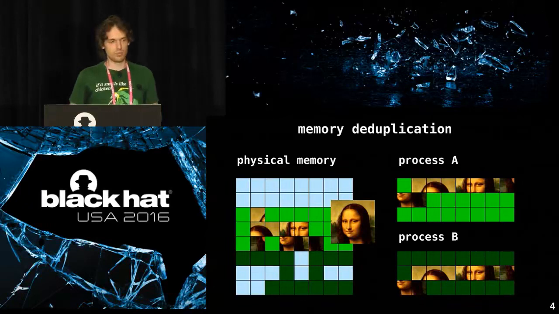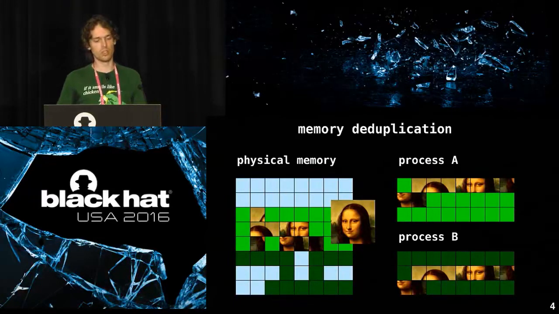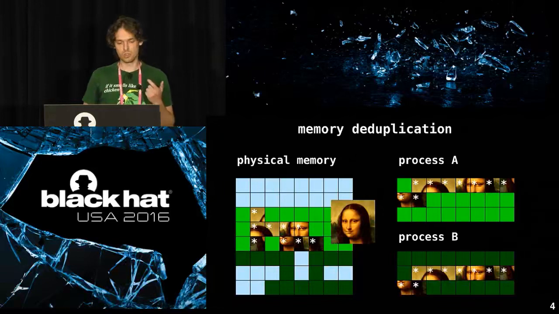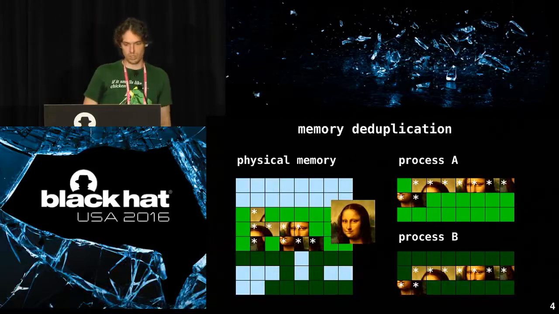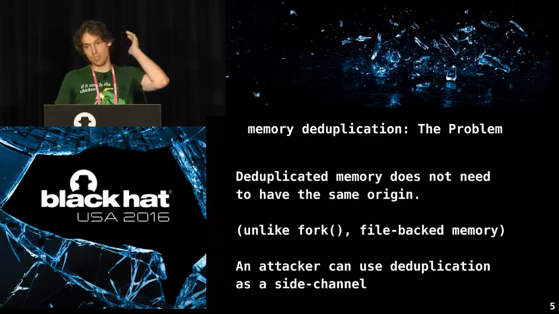Of course, now we have a problem. If process A tries to write to the data, it will also change in process B. That's why the operating system marks those pages as copy on write. But this enables us to do another thing.